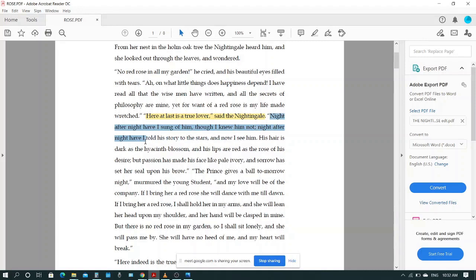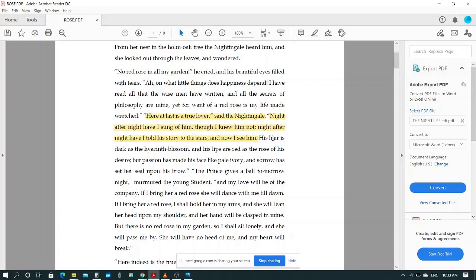Night after night I have told his story to the stars, and now I see him. Okay, so it suggests that the Nightingale herself is in love with this boy, but the boy does not acknowledge that sort of relationship or those feelings, at least for this Nightingale.